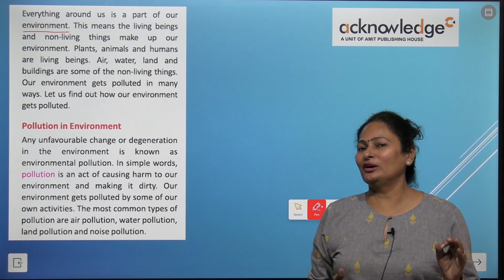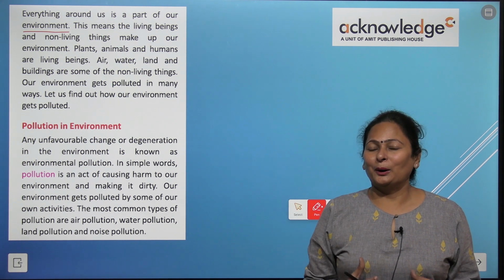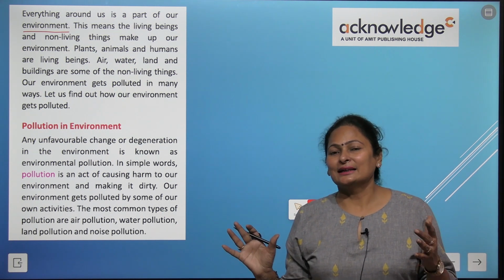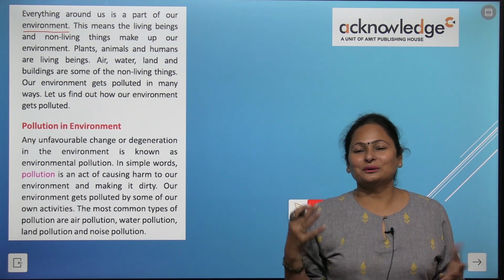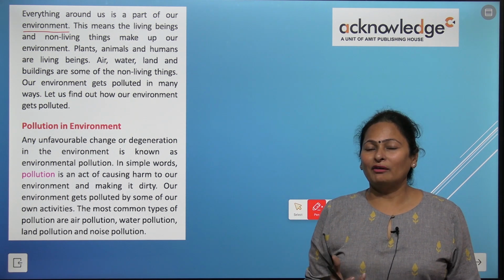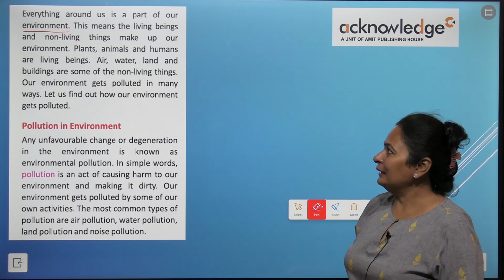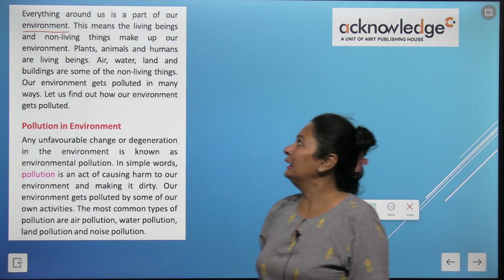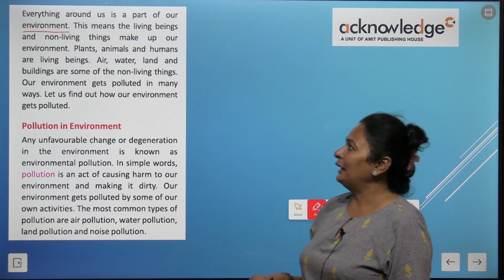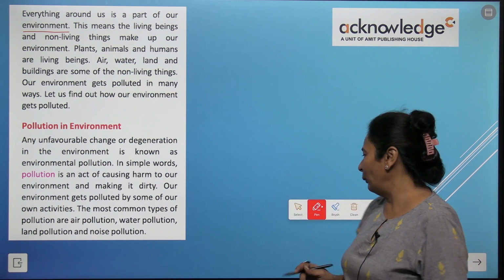Only air is involved in the atmosphere. Now, what is environment? Everything that you look around in your surroundings is part of the environment. This means the living beings and non-living things make up our environment.